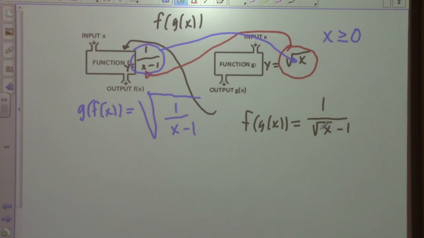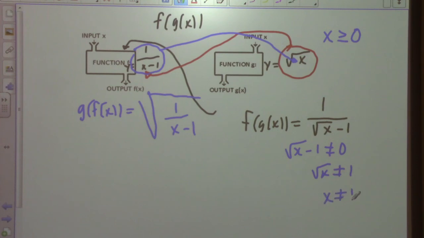Do we have any other new restrictions here? Well, we know that square root of x minus 1 cannot equal 0 too, right? So in this case, the square root of x cannot equal 1. And so what can x not equal? x cannot equal 1.